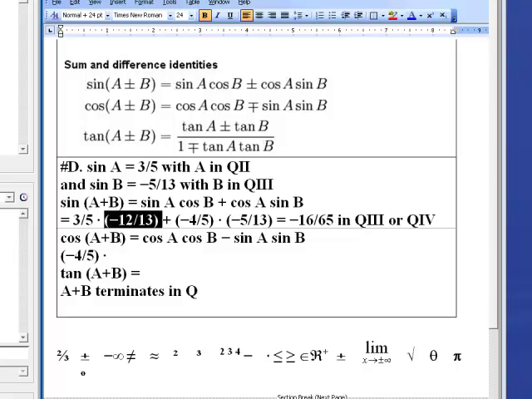Cosine B, we also did that earlier. It's negative 12/13. Then we have another minus. There you go. Sine A was given as 3/5.